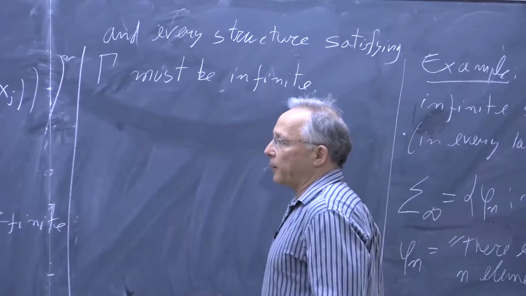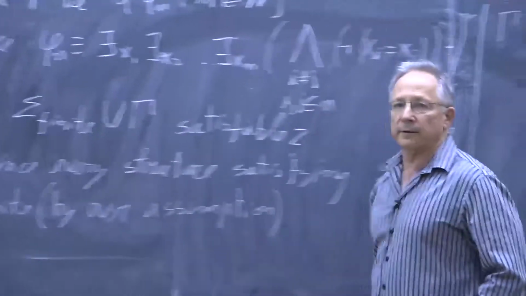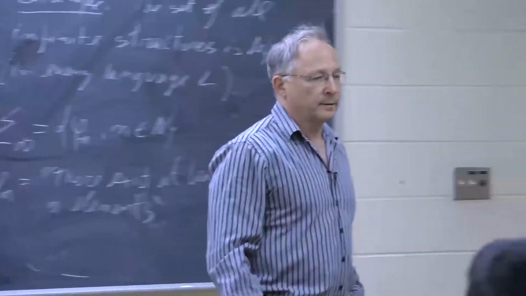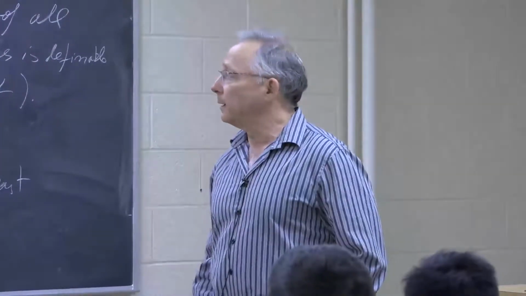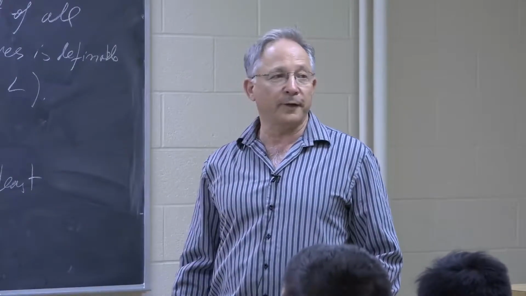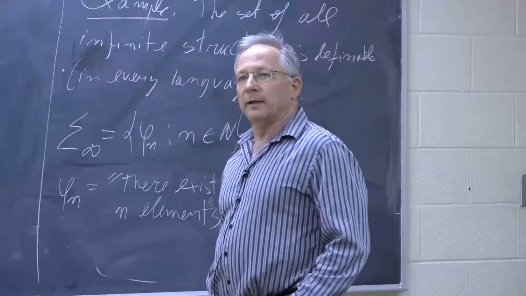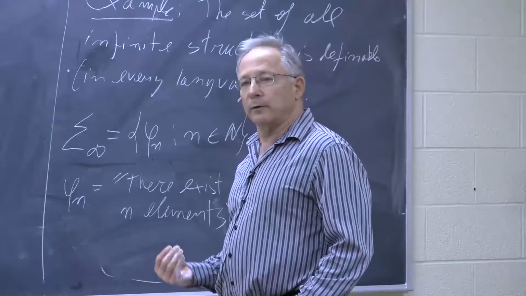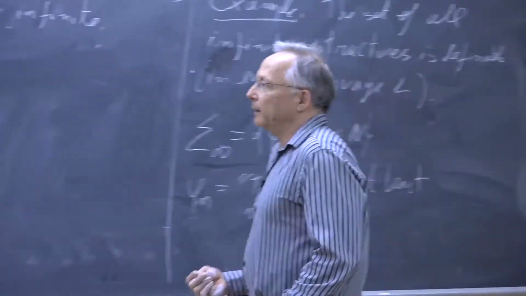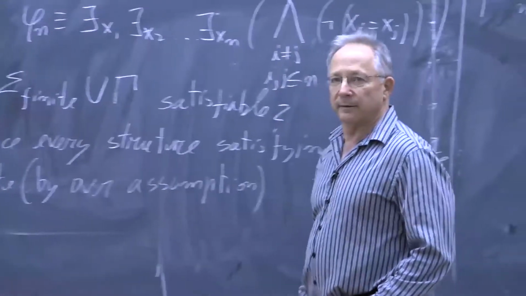So I cannot have a structure that is both finite and infinite at the same time. Okay, so far so good. I constructed a set of unsatisfiable formulas. But now comes the catch. If we invoke the compactness, we can argue that this set is satisfiable.